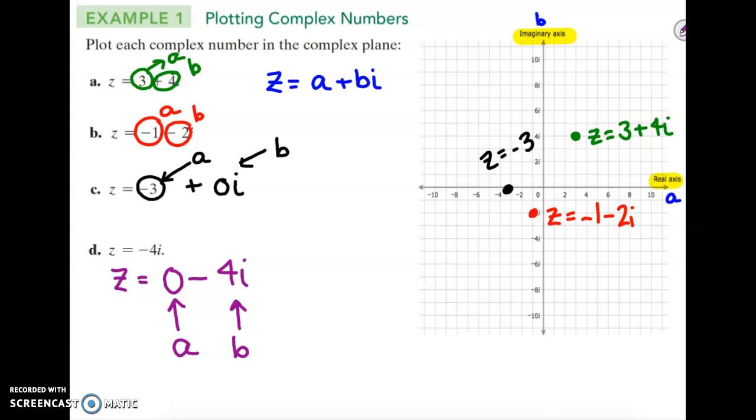So you start off at the origin. We are not moving anywhere on the real axis because it is a 0. And then we're going to go down 4 on the imaginary axis. So that purple dot represents the complex number negative 4i. And that's how you can graph in the complex number plane.